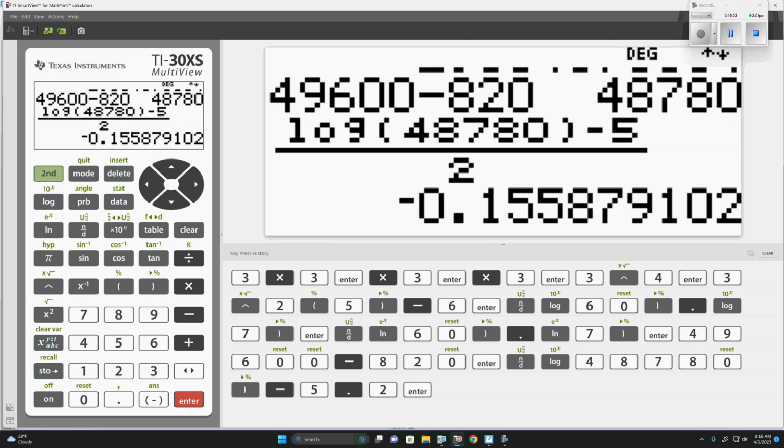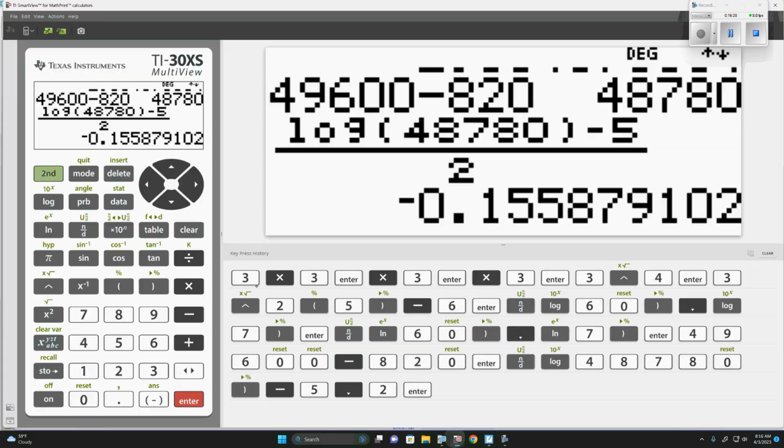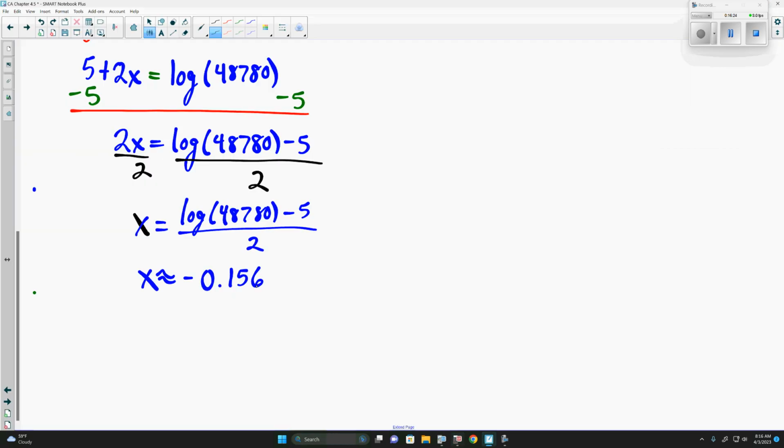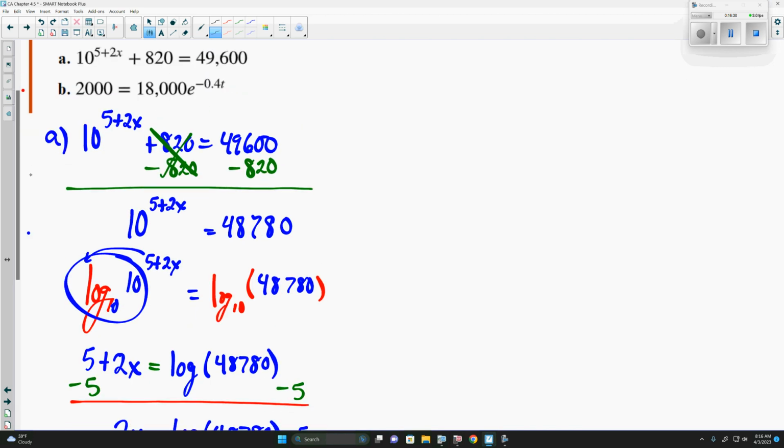Now, if we go out 3 spaces, tenths, hundredths, thousandths, we have negative 0.1556. That's negative 1.56. Yeah, negative 1.56. And that there's our final answer.